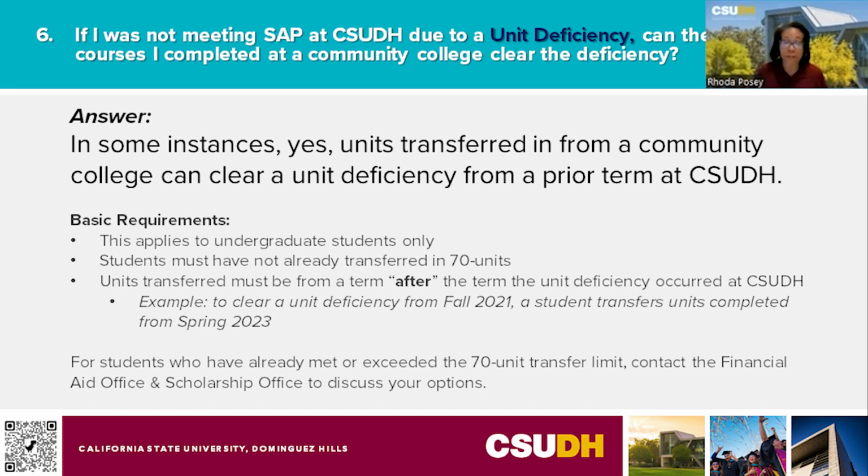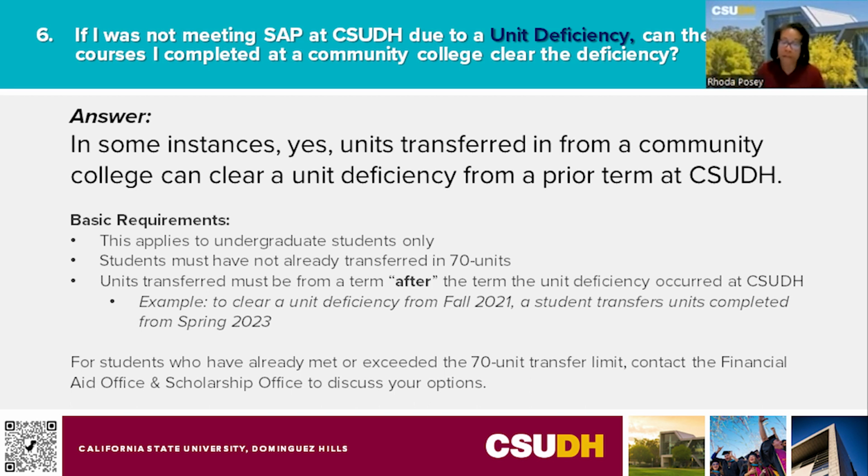First, it only applies to undergraduate students, so not credential or graduate professional students. The second bullet there, students must not have already transferred in 70 units. So there's a 70 unit cap for transfer units to be considered. And then the units must be transferred from a term that was after the term that the unit deficiency occurred.